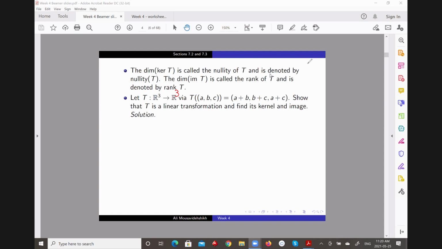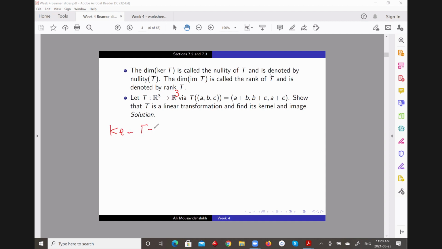Okay. Can anybody tell me what the kernel of this map is? So remember, just when you're starting out, just remember what the definition of the kernel is.